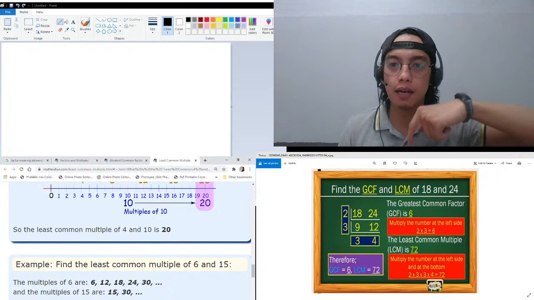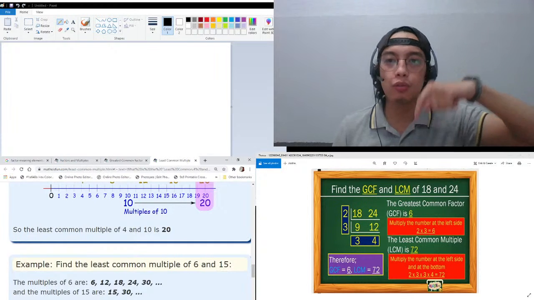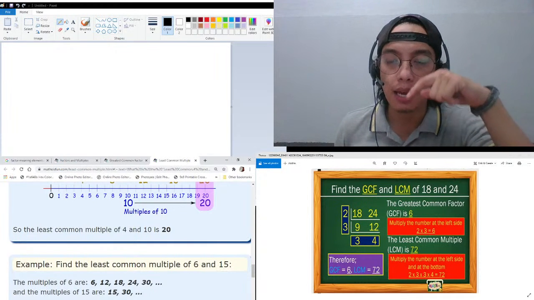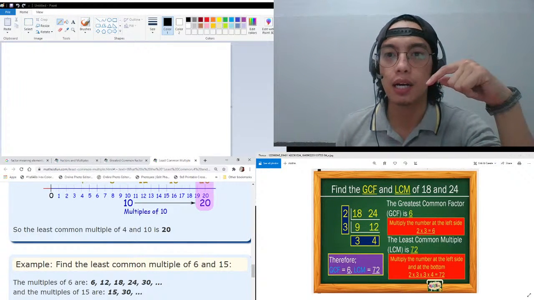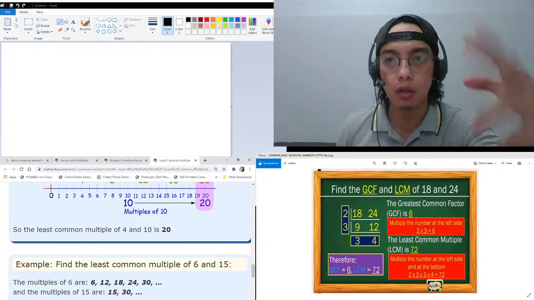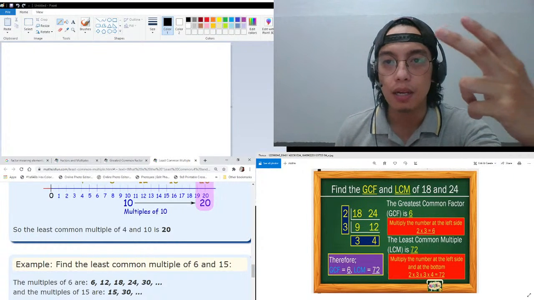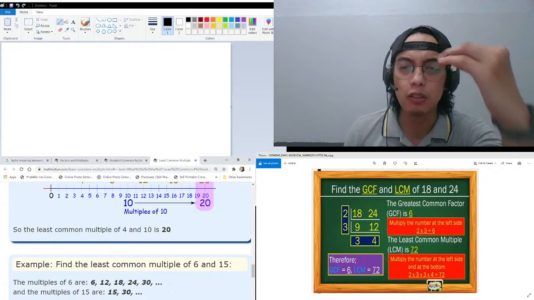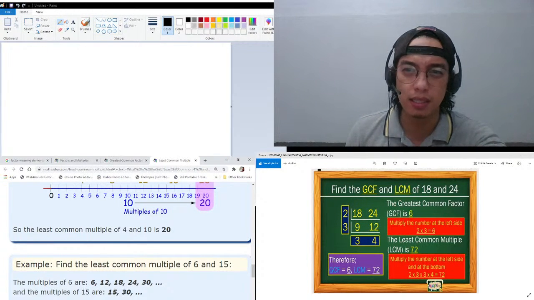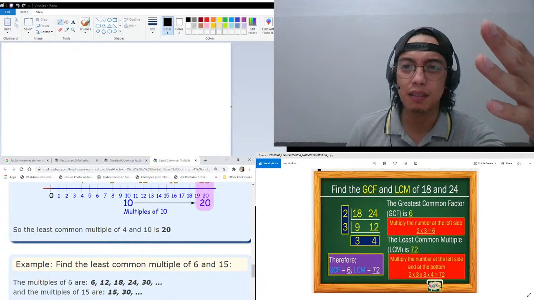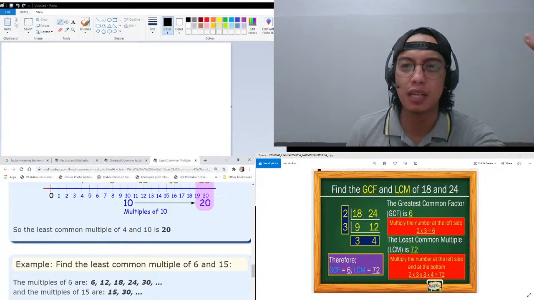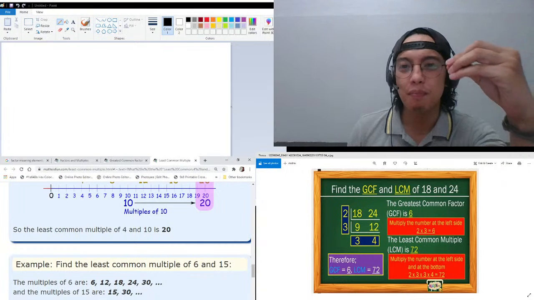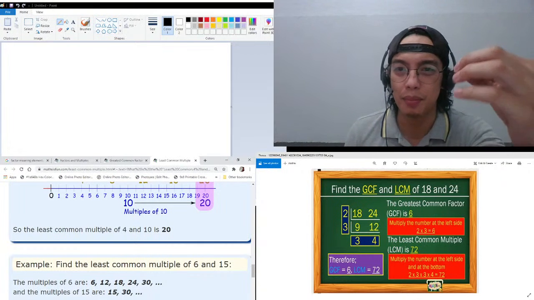There's a technique that you can use when you want to solve LCM and GCF almost together at the same time and easier, hopefully. For me it is easier, but it depends on you which one you prefer to use.